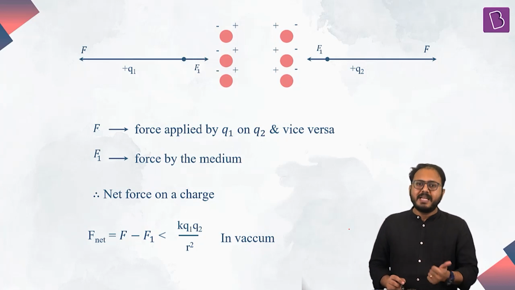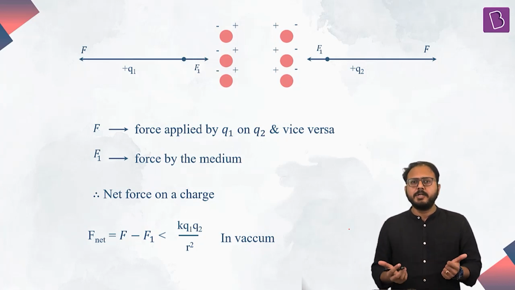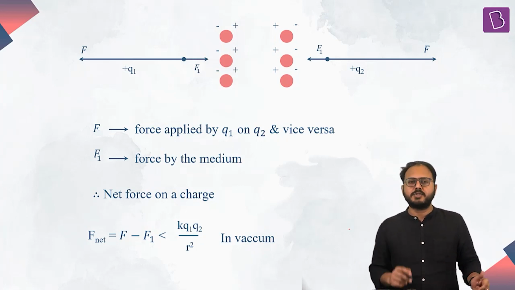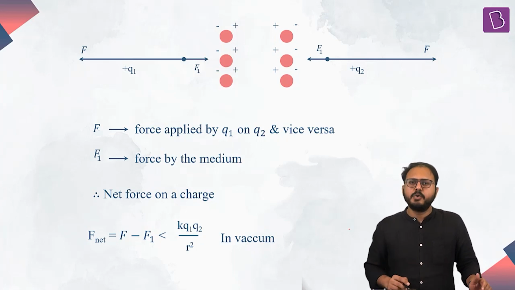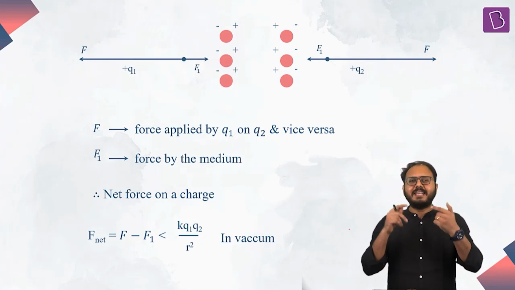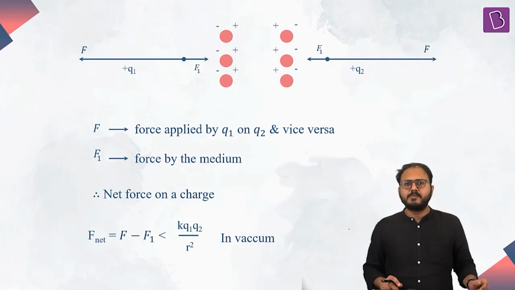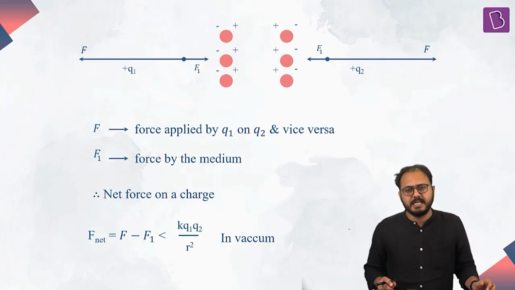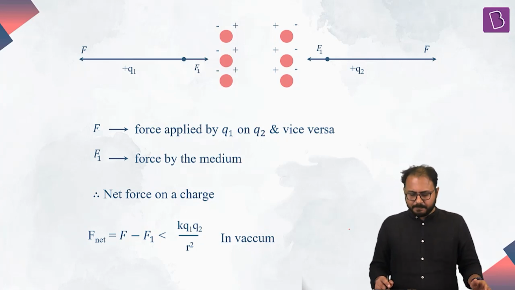The force due to the medium will be oppositely directed as compared to the force by the other charge. Hence, the magnitude of the net force is less than the force in vacuum, and that's where that loose statement comes from, that the force decreases. I hope you got that. Perfect.